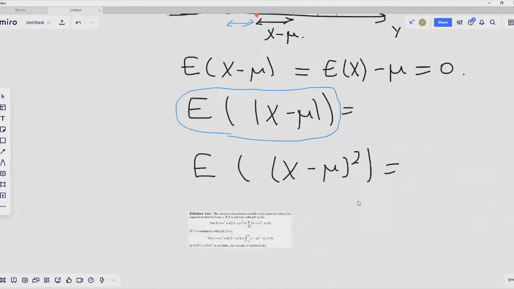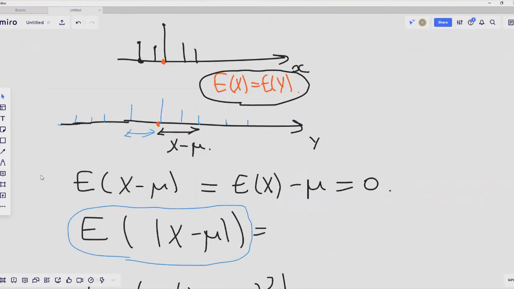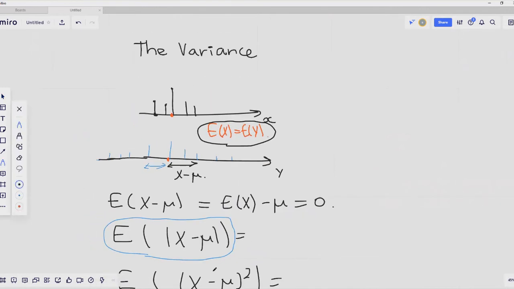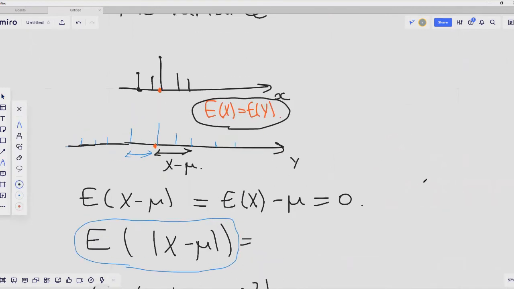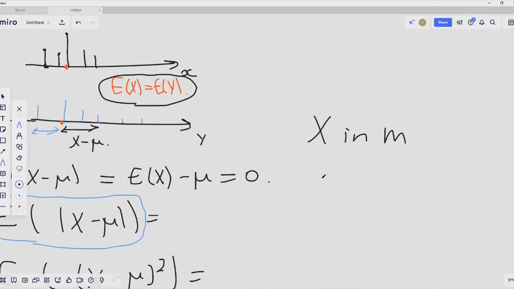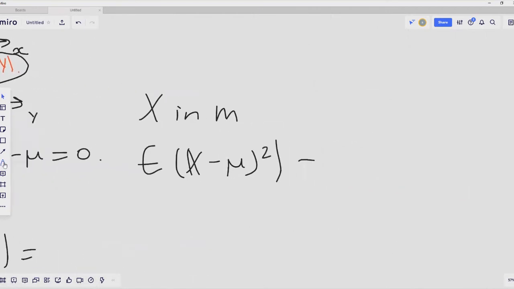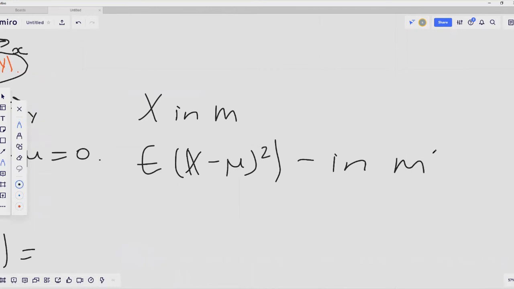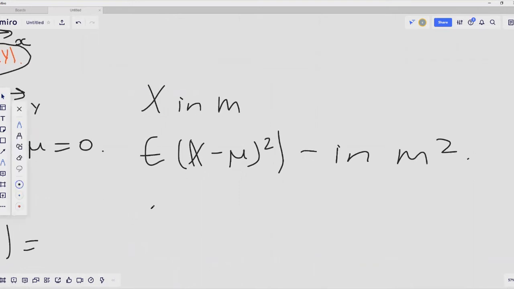Also, let's take a look at what is going to happen if we work with the expected value of squared deviations. Let's assume that the units of our random variable x are in meters. Now, if we calculate the expected value of (x minus mu) squared, the units of this will be meters squared. So if we want to keep the same units, we are going to implement a new measure known as standard deviation.